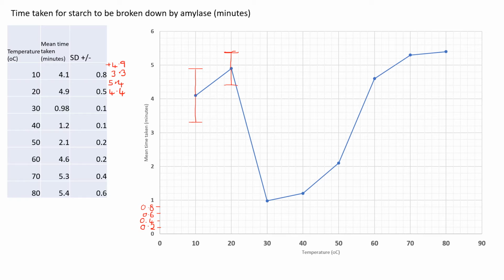Okay, next one. Let's go on to the next one. We've got 0.98 plus 0.1 equals 1.08, which is going to be my top value. And then I'm going to do 0.98 minus 0.1 equals 0.88. Okay, and so plotting this can be a little bit more difficult because we're down to a much smaller number here.